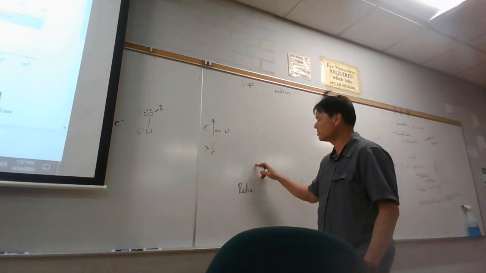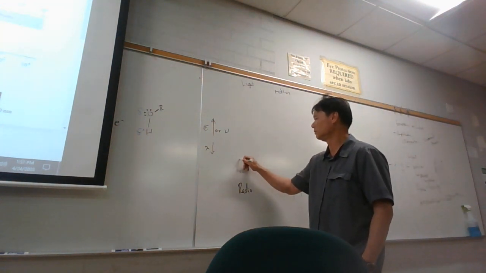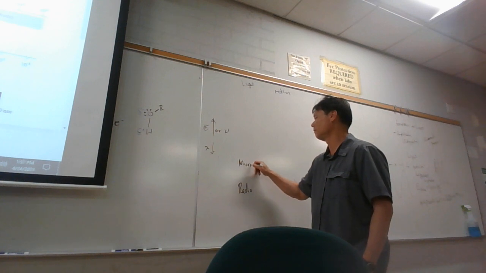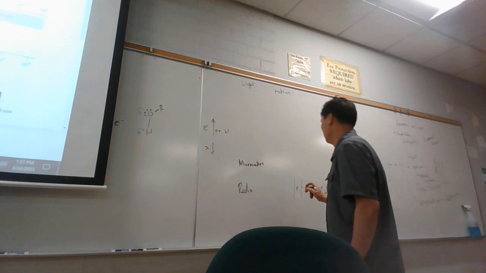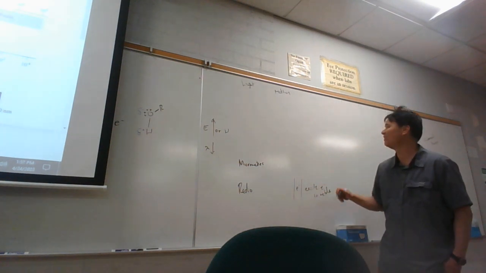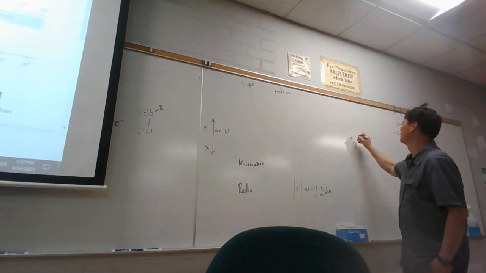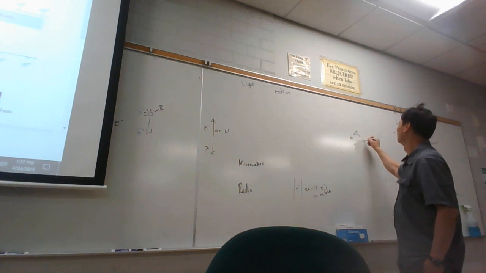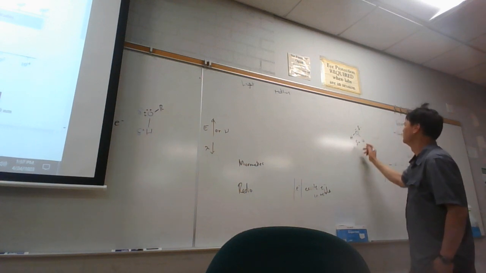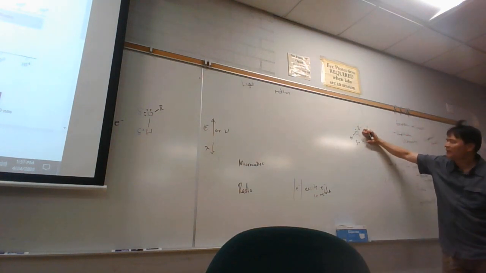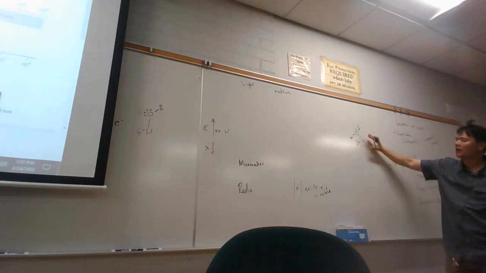Okay, what's higher in energy than radio waves? Microwave. Microwaves have enough energy to rotate small molecules. If I look at a water molecule, one end is going to be negative, the other end is going to be positive.